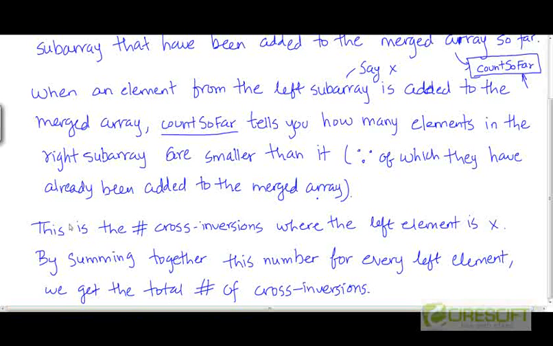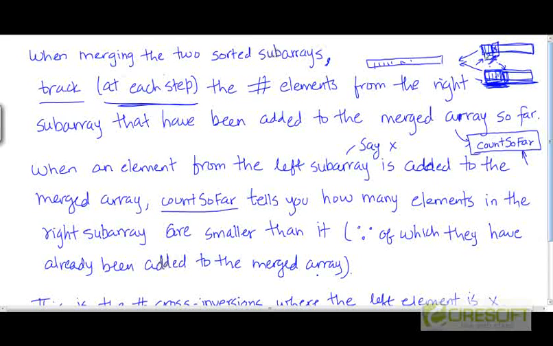So if we sum together this number which we computed for x over all such x's in the left subarray, if we compute this number for every element of the left subarray, so whenever we are appending an element from the left subarray into the merged array, we're going to compute what that value is, and that value is going to be this counter value count so far.